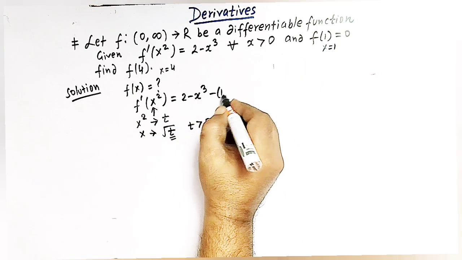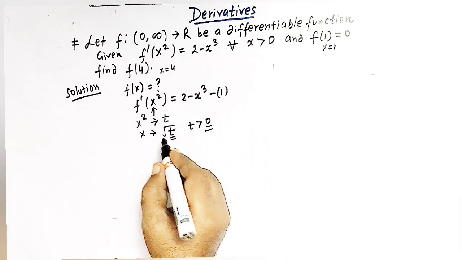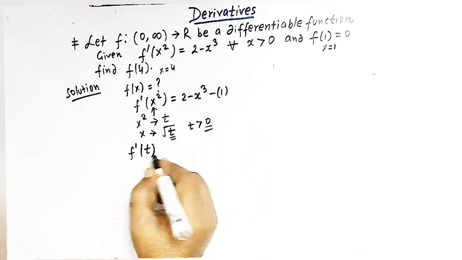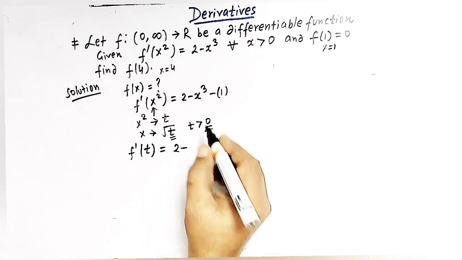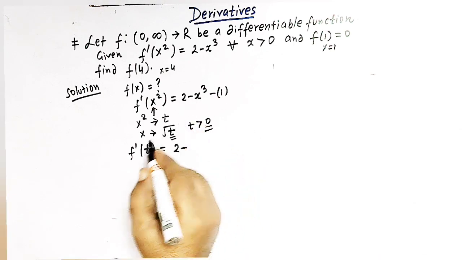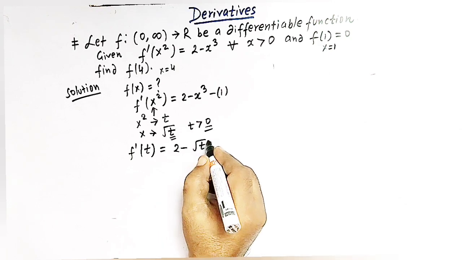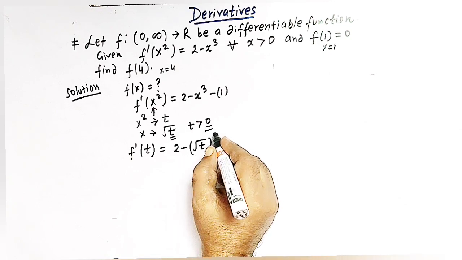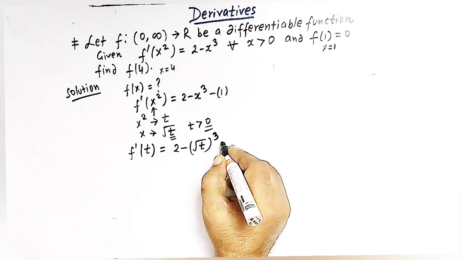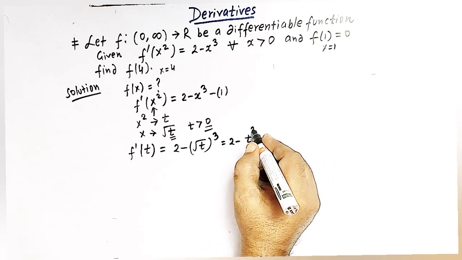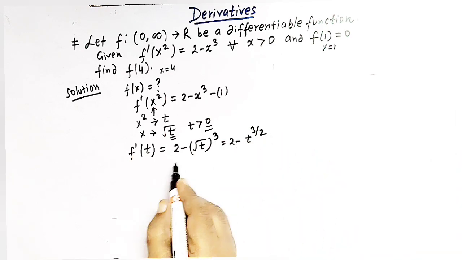So this equation now takes the form in terms of t. We can now write f prime of t, and here we have 2 minus x cube. Now x is equal to square root of t, so here we can write square root of t raised to 3. So now we can write 2 minus t raised to 3 over 2, right?